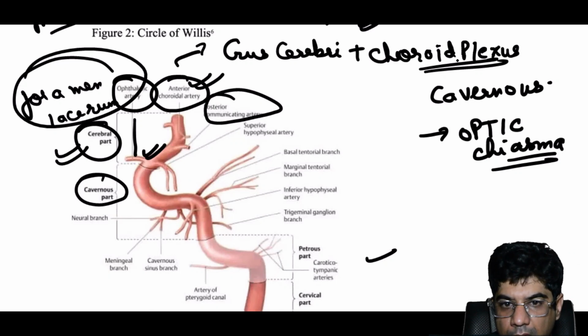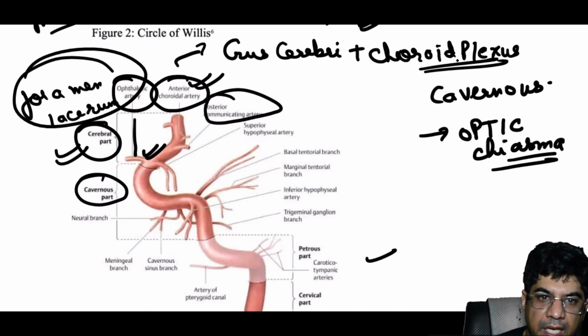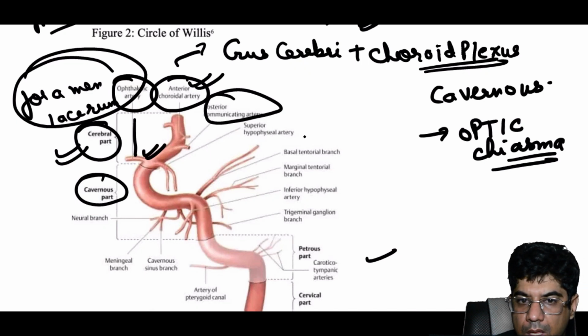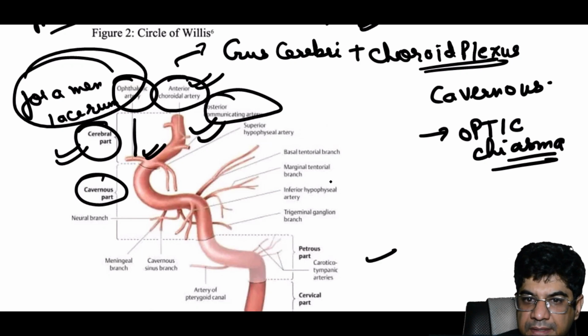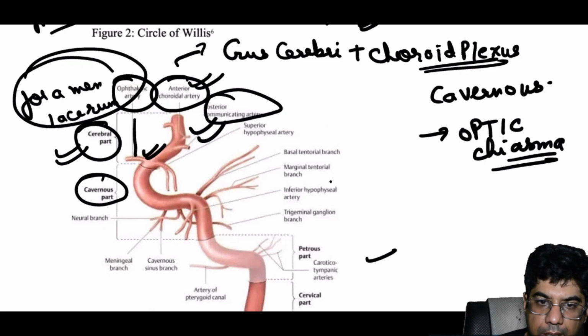So let us sum up. Which artery supplies the orbit? It's the ophthalmic artery. What connects the internal carotid artery to the posterior cerebral artery? It's the posterior communicating artery. Which artery runs above the optic nerve? It's the anterior cerebral artery.